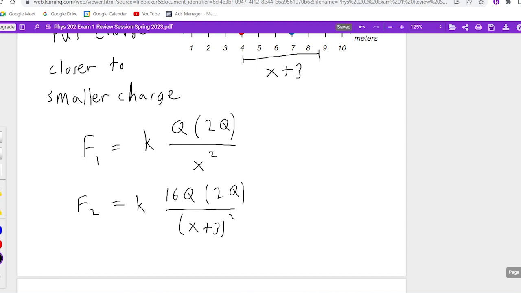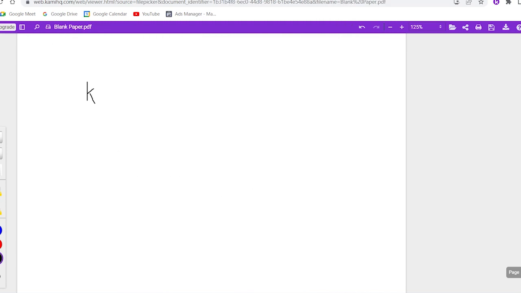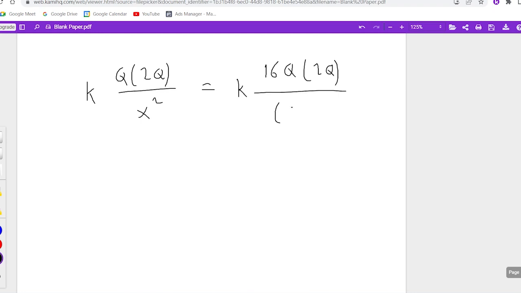And since these forces need to cancel each other out, I can actually set them equal to each other. So what I say is, I'll write it on the next page, I'm saying k times q times 2q over x squared equals k times 16q times 2q over, did I write 3 plus x? I wrote x plus 3, okay.